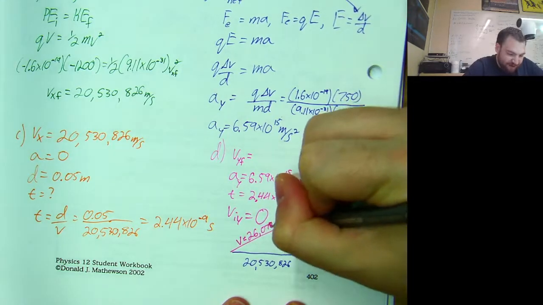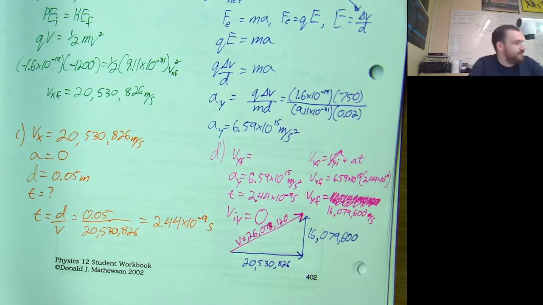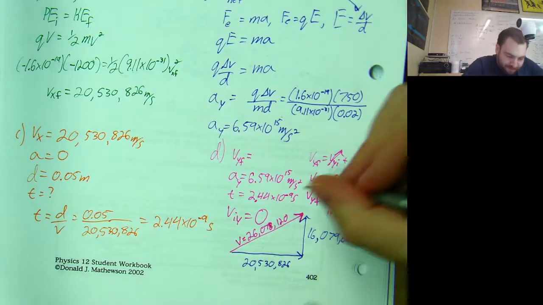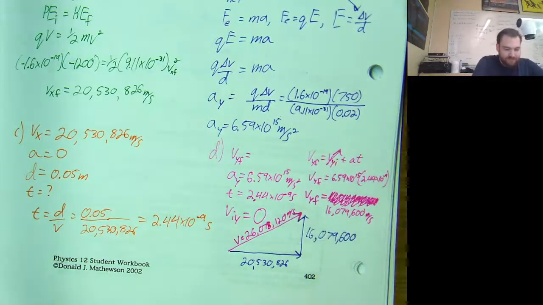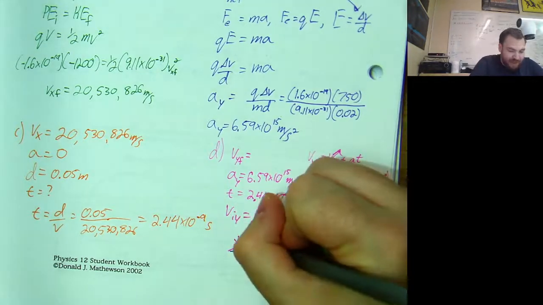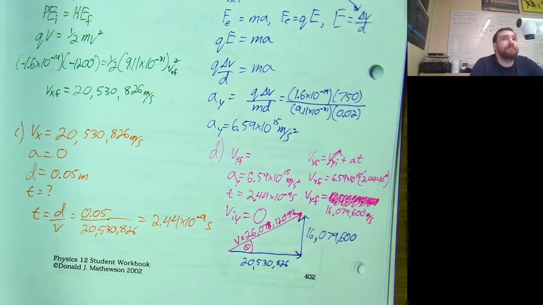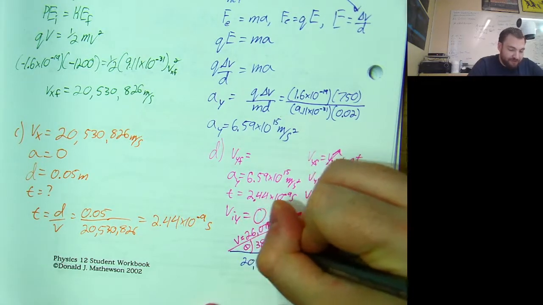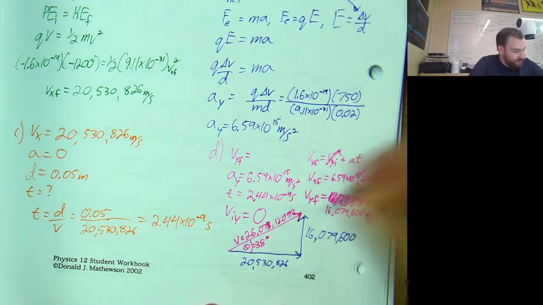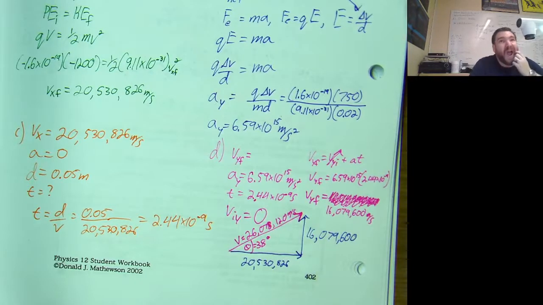Yeah, when we're already talking tens of millions, what's one more million? Meters per second. And rightfully so. And that angle is what? Exactly. So yes, let's call that thing 38 degrees. Cool.